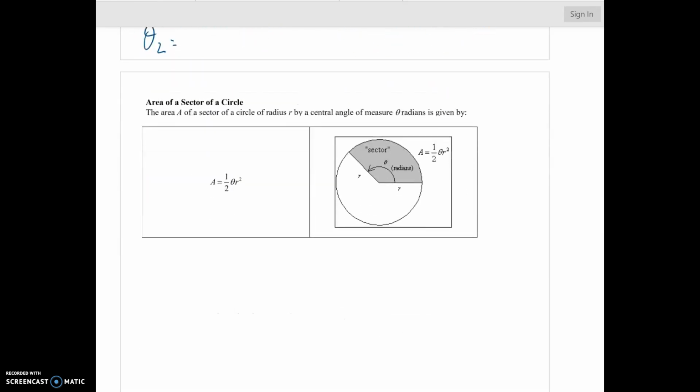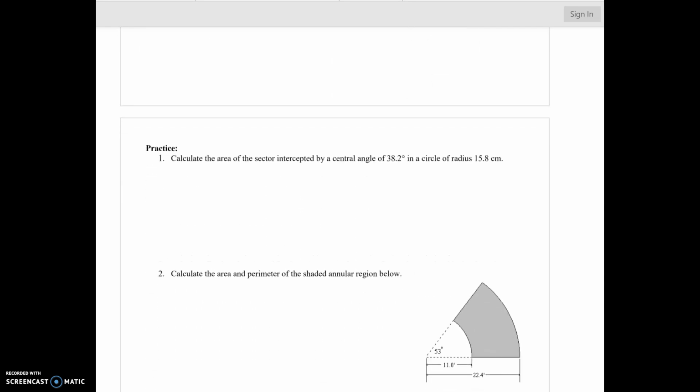Now, the area of a sector. The area of the sector is defined with the formula A equals 1/2 of theta multiplied by the square of your radius. On problem number 1, it's pretty easy to calculate the area of the sector intercepted by the central angle 38.2 in a circle of radius 15.8.